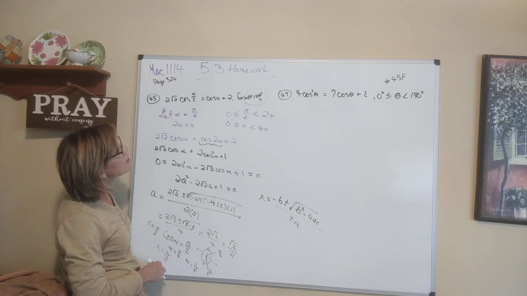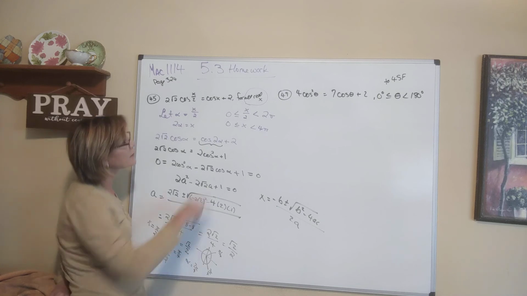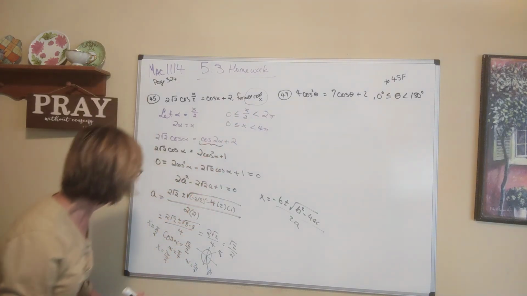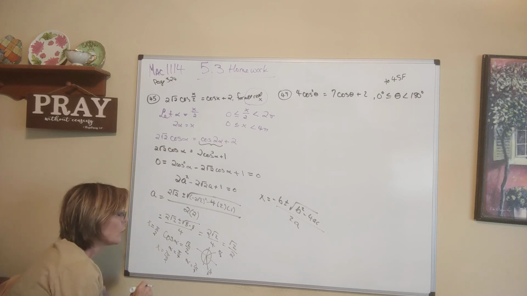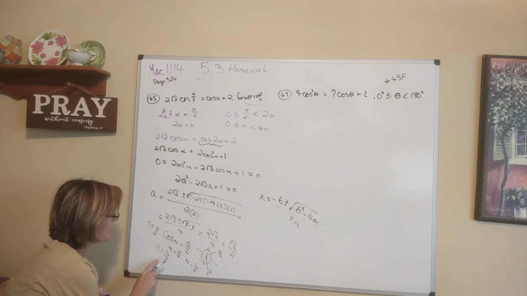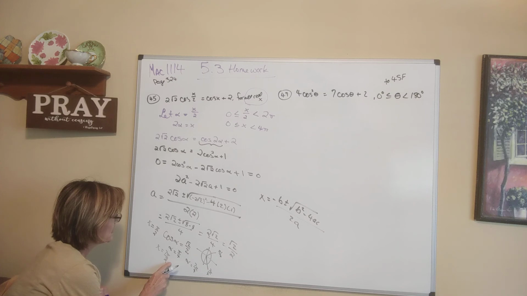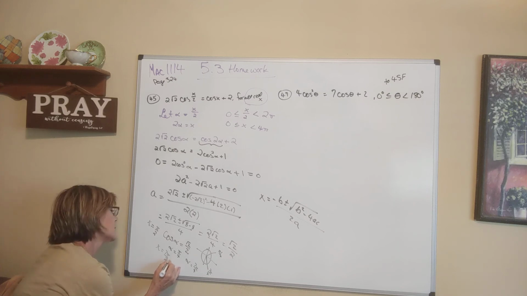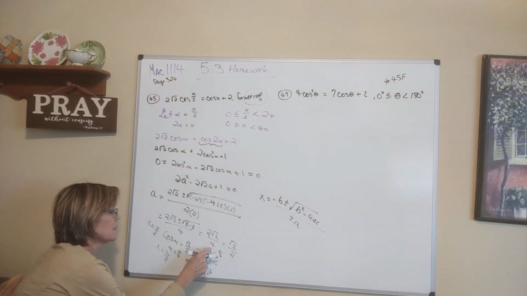But, let's see, they wanted it for all real x. So, we're looking at pi over 2 and 7 pi over 2, which is, let me see what this is. If I subtract 2 pi, that's here and here, I believe.